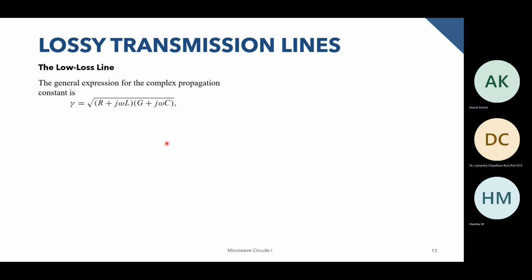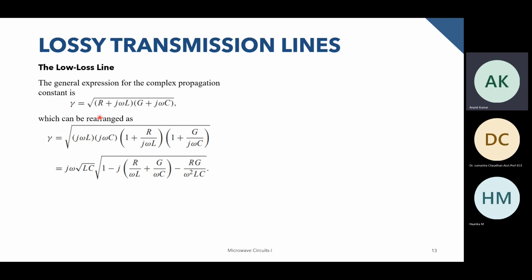Although in the Smith chart we have seen how to account for non-zero alpha, we'll look at some basic formulations for a low loss line, and we'll also look at the bounce diagram today.